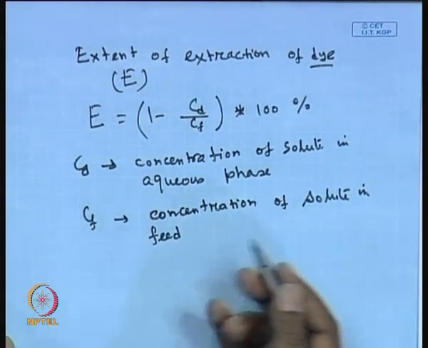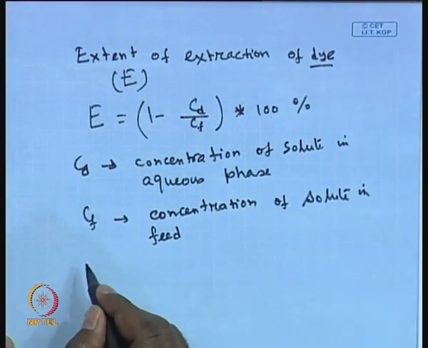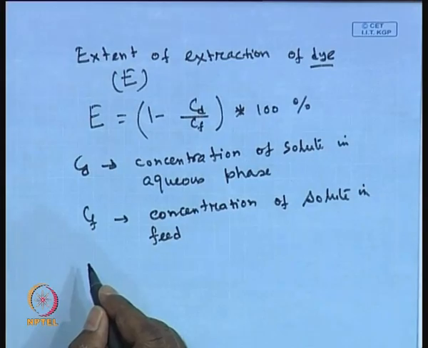Now, also during cloud point extraction, as we have mentioned, the volume of the quasi fed phase will be much lower compared to the initial volume, because the mechanism of cloud point extraction is the removal or repulsion of the water out from the outside layer of the ethoxy group of the micelles.